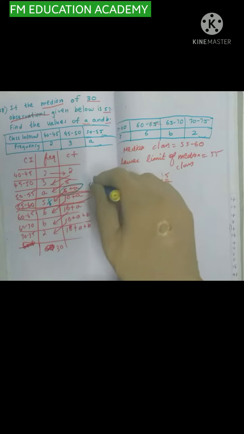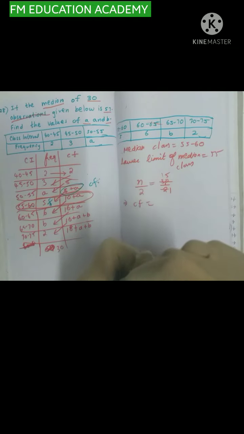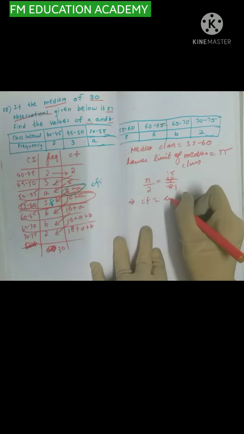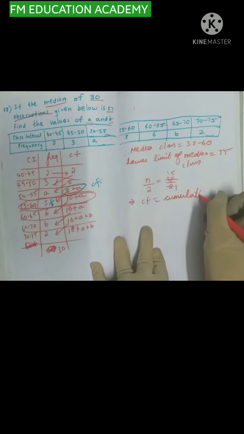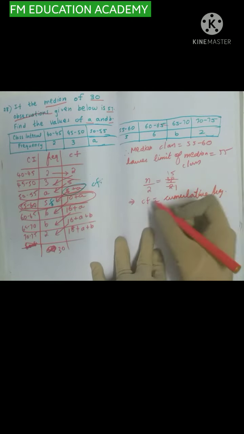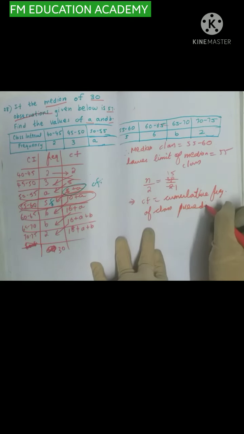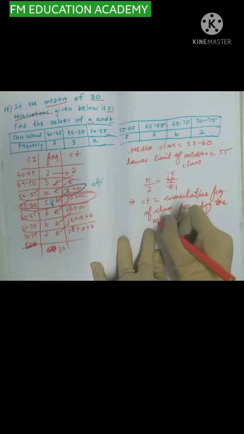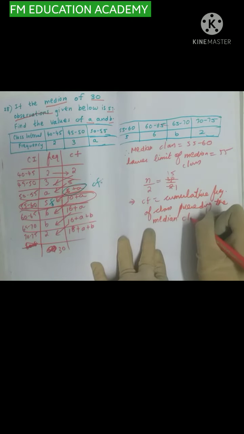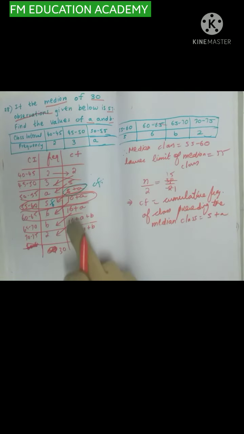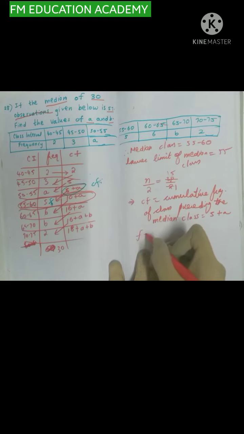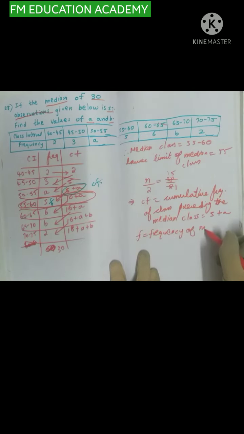CF, the cumulative frequency of the class preceding the median class, is 5 plus A. And F is the frequency of the median class, that is 5.